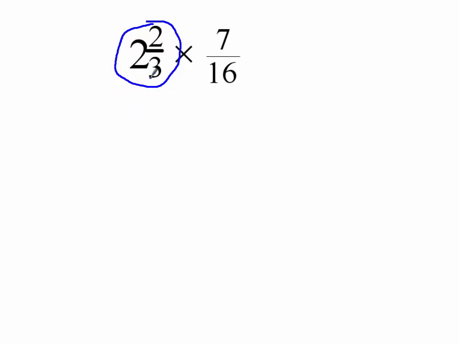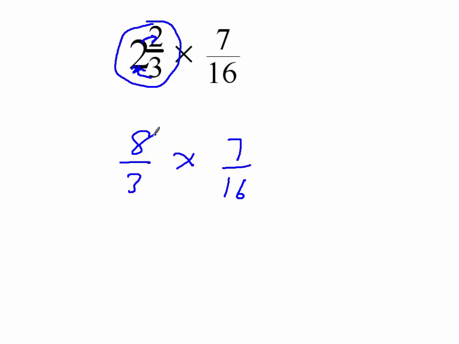So it's going to be 3 times the whole number 2, which gives us 6, then add the numerator, which is 2. So 3 times 2 is 6, plus 2, that is 8. So you're going to have 8 out of 3 times 7 out of 16.